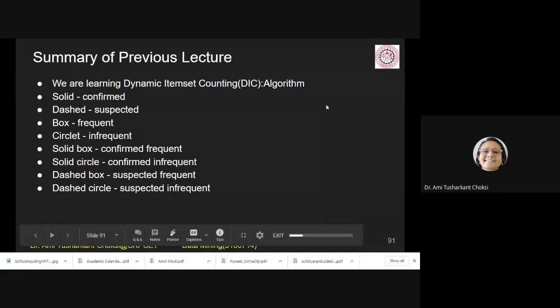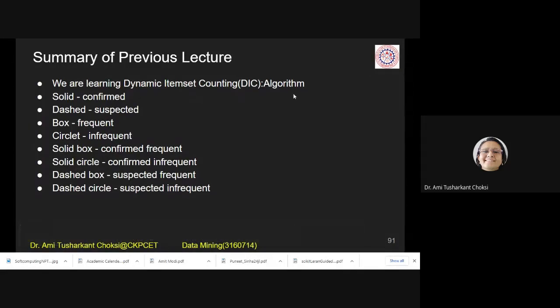What we were learning? We were learning the dynamic item set counting, DIC, algorithm. In that we have the lattice wherein we have the items, then combining them we can have item sets like 2 item set, 3 item set, 4 item set.